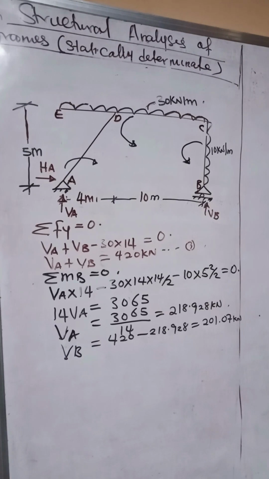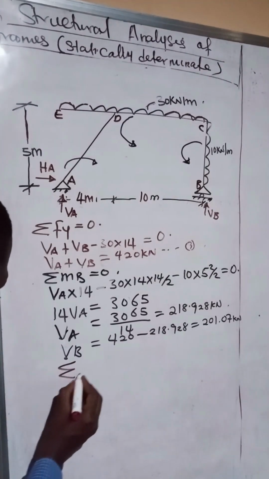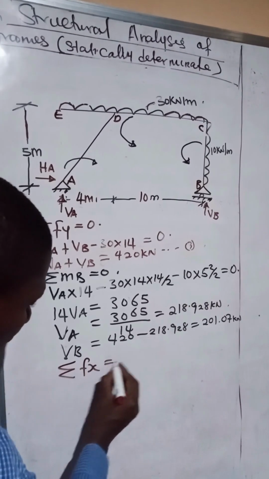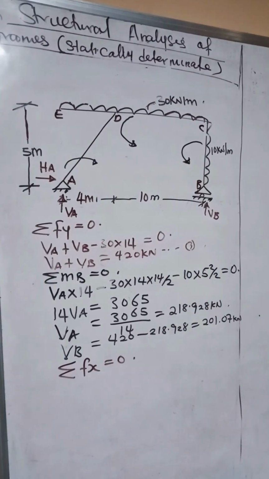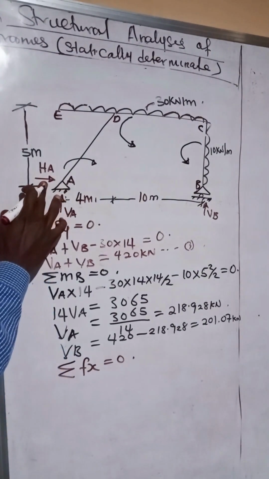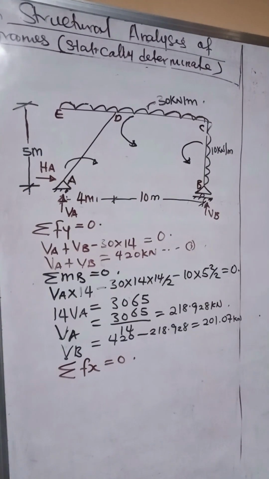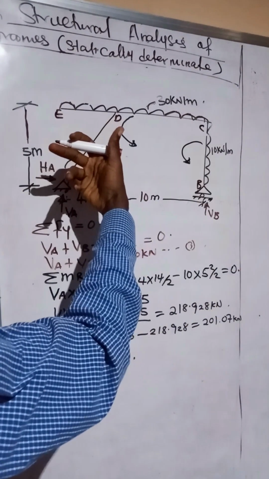Now, the next we are going to work on is the summation of all the horizontal forces. So let's say sigma Fx equal to 0. That is the algebraic sum of all the horizontal forces. Let's assume the horizontal forces moving towards the right hand side to be positive, while those moving on the left hand side to be negative.